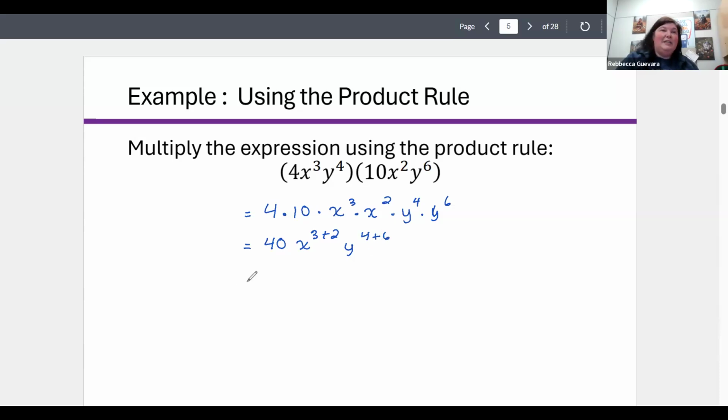As long as you're multiplying the same base, this is going to be just 40 times x to the 5th times y to the 10th. And this is going to be the simplified form of this expression here.